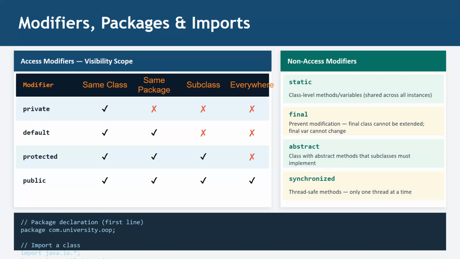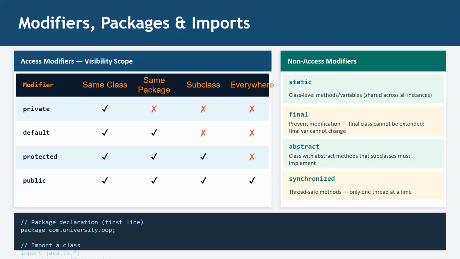For example, we say public static void main, and then we are writing that class there. Just know that it can be accessed everywhere: by the same class, same package, subclasses, and everywhere within that code. So that is what is available there.